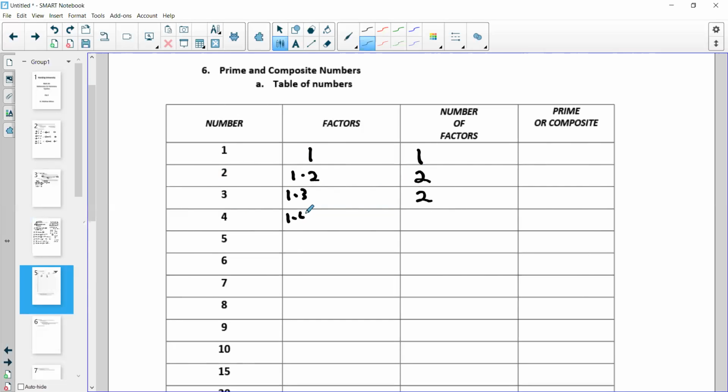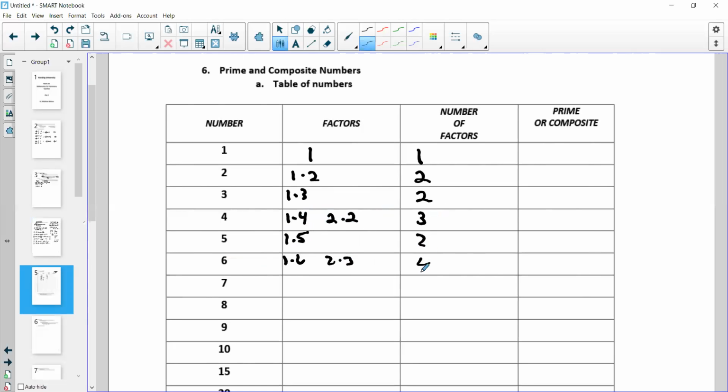4, we have 1 times 4, and 2 times 2. Well, 2 repeats itself, so really we have 3 factors, 1, 2, and 4. 5, we have 1 times 5, so we have 2 factors. 6, we have 1 times 6, and 2 times 3.